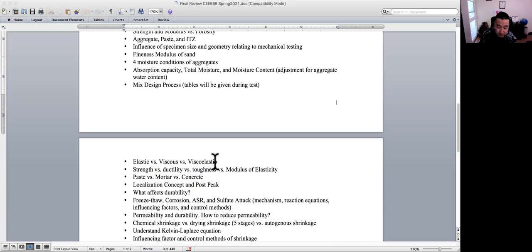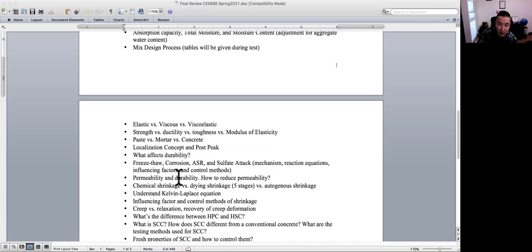And then localization concept and post-peak behavior. That's the fracture behavior of concrete, also depending on the weakest link. The localization concept talks about when concrete generates cracks here and there, then cracks in certain locations will open up, and that causes the final failure of concrete.